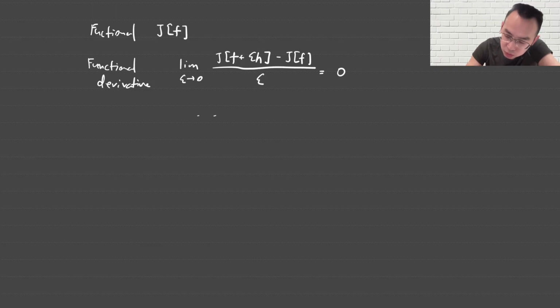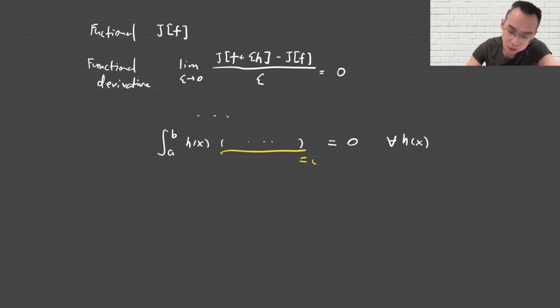After some algebra, we arrived at this form: an integral times something equals zero. That has to hold for all functions h of x, so whatever is inside must equal zero, and then we have an ordinary differential equation that looks something like this.